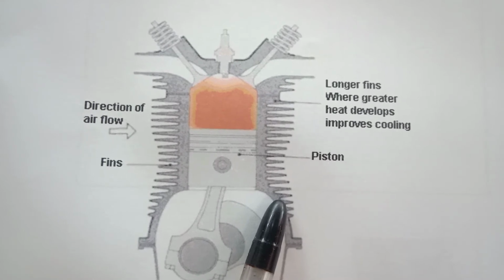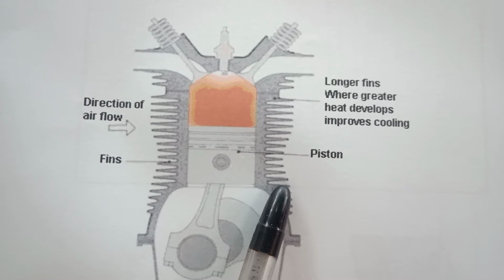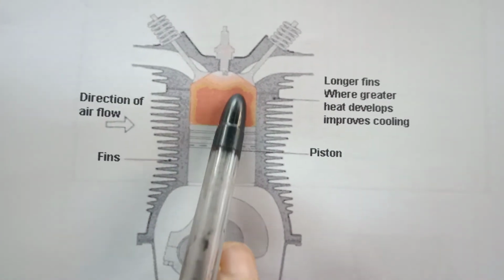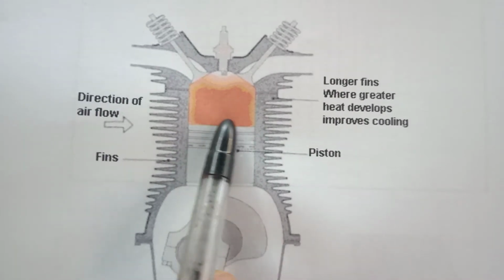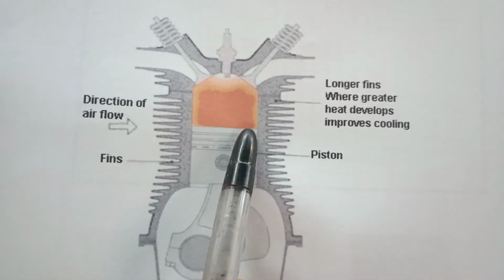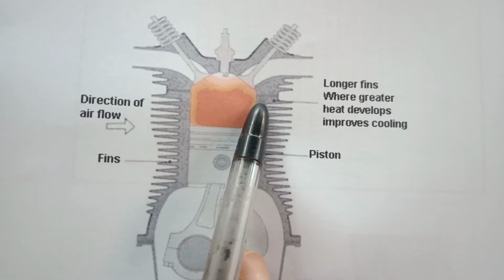Now the figure in front of you shows a typical air cooled engine, in which there are a lot of fins as shown here. This is the main combustion chamber where the combustion takes place and heat is generated. This heat has to be extracted very quickly.